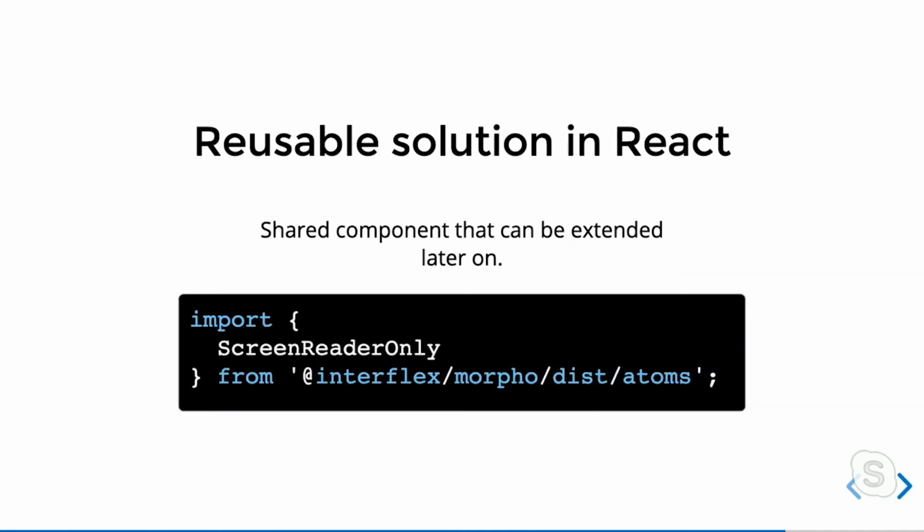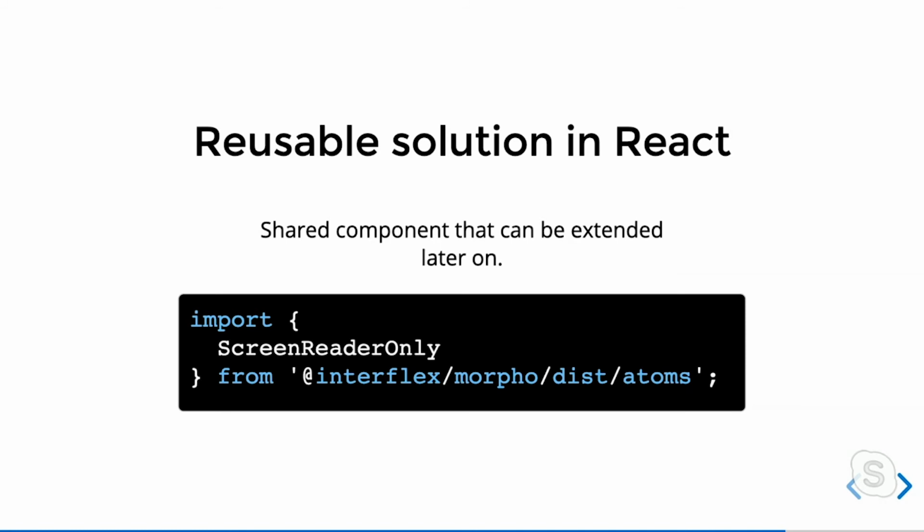We have a library. Let's say it's a library called Morpho, and that's a top level library which is shared for many different projects, for all the projects for the Interflex customer, and every developer from any project can reuse those atoms and those components from the Morpho.